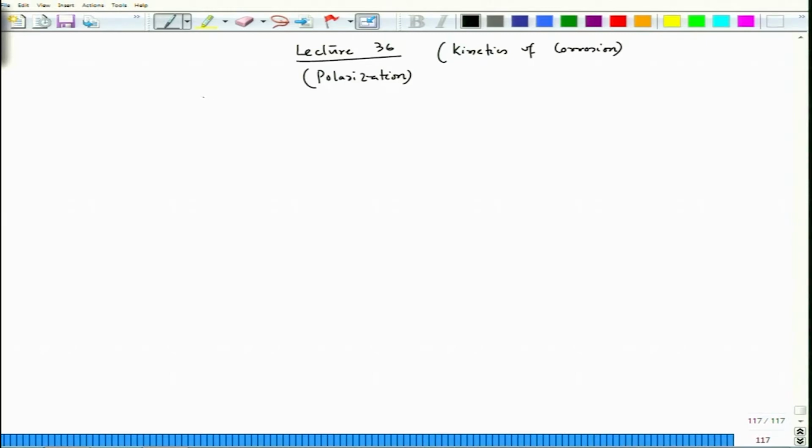Now, there we have seen that this particular equation is a Tafel equation.